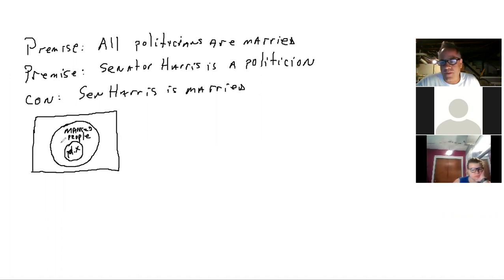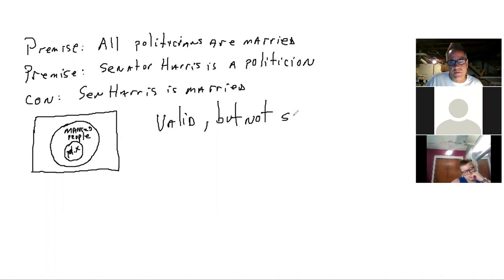And there I would have a problem, in that one of those premises, specifically all politicians are married, is not true. So this would be an example of valid, and again, this argument with the Venn diagram, by being able to put the X right inside the inner circle, shows that it's valid, but not sound for the fact that one of the premises is not true. Okay.